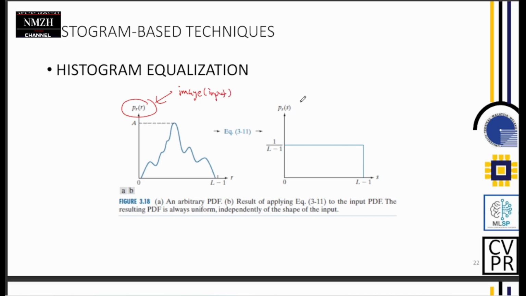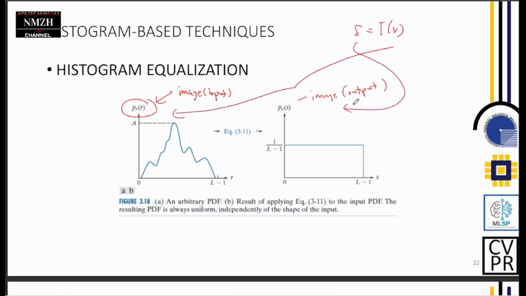This one is the image for output. So because of the R and S, remember this one. So this one is referred to this. This one is referred to this. Okay. So an arbitrary PDF.